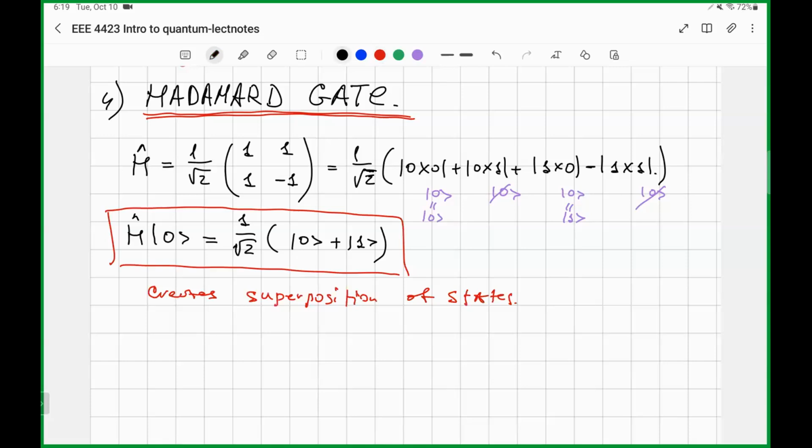Likewise, if I apply this Hadamard gate on the state 1, I will get 1 over square root of 2 times state 0 minus state 1, which is exactly state minus. And this one is state plus, of course.